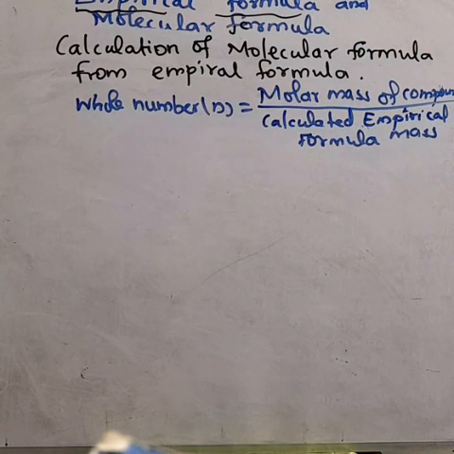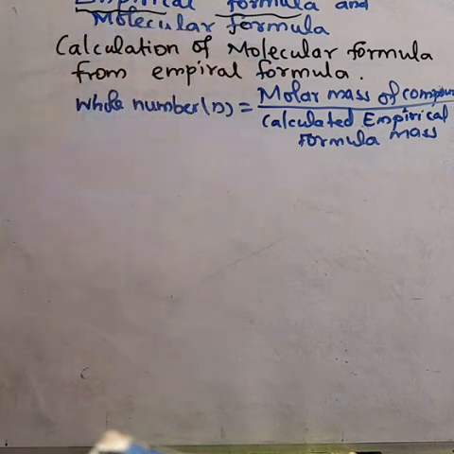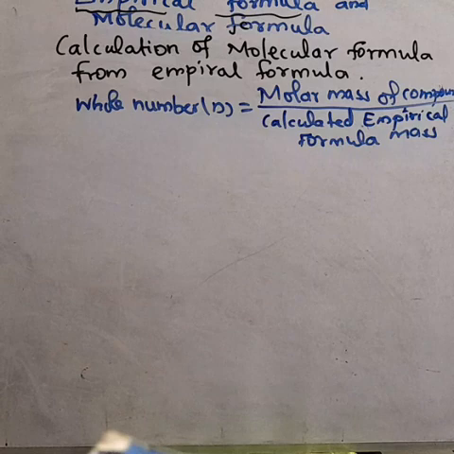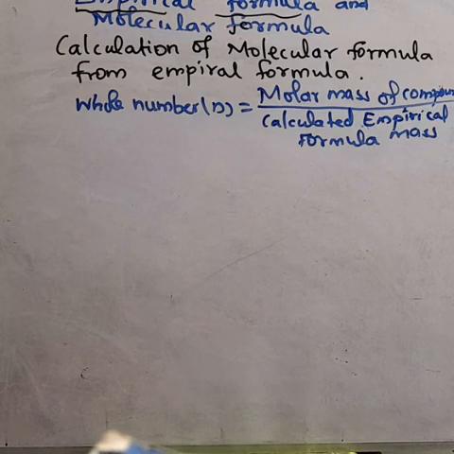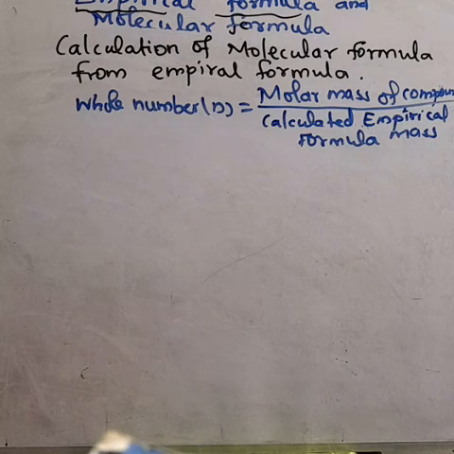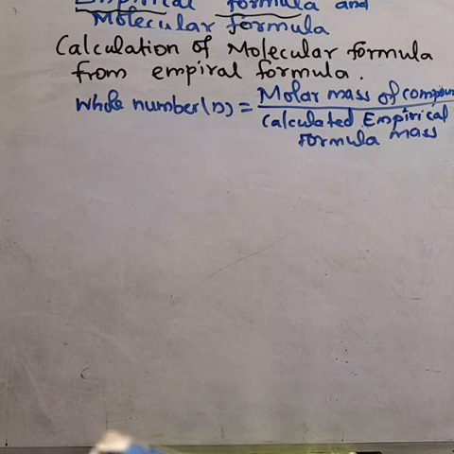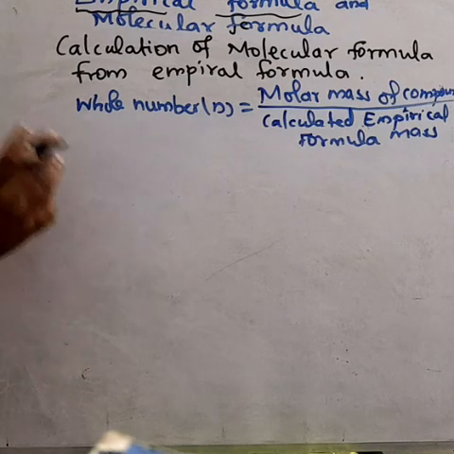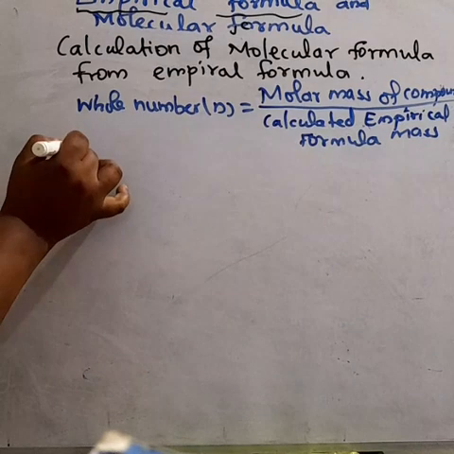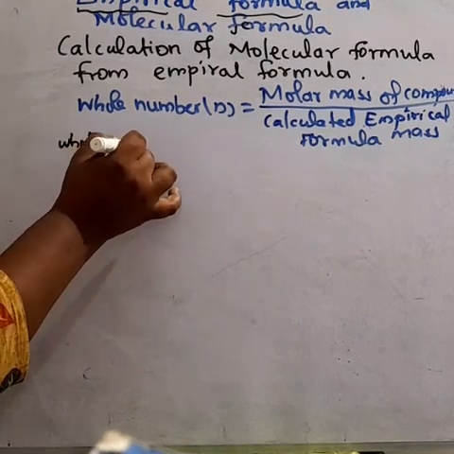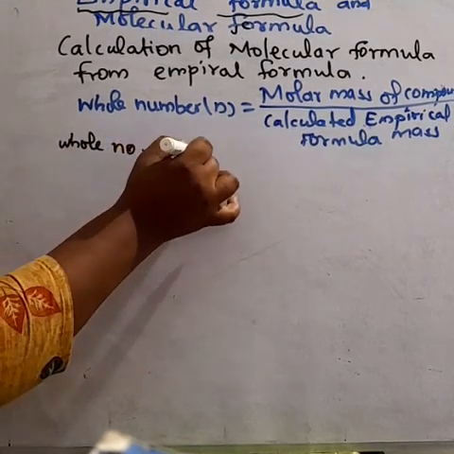And then the next topic: calculation of molecular formula from empirical formula. How can we calculate the molecular formula from the empirical formula? Here is one of the expressions. The molecular formula of a compound is a whole number multiple of the empirical formula.